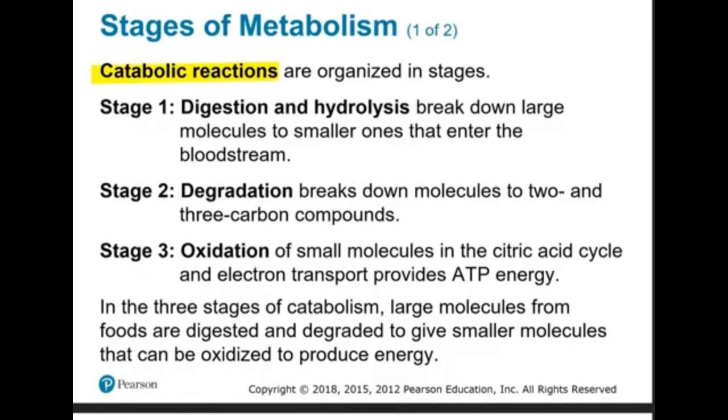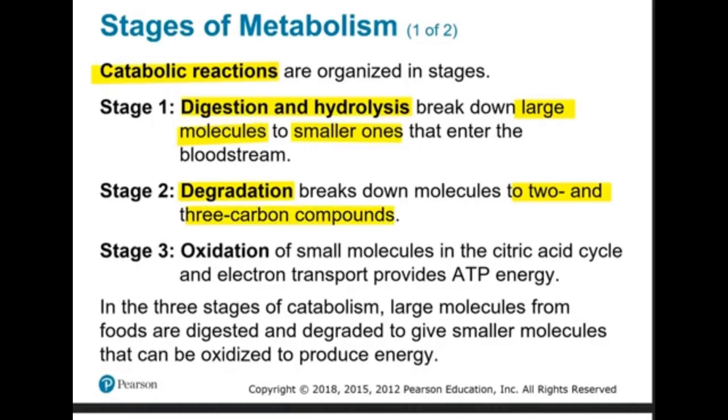So the first step is digestion and hydrolysis of large biological molecules, such as proteins or polysaccharides, into smaller building blocks that can enter the bloodstream and be further degraded. The degradation process is the breakdown of the molecules that we produced in the previous step into 2 and 3 carbon intermediates.